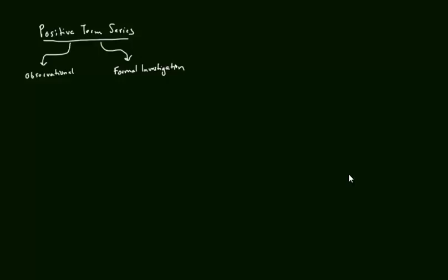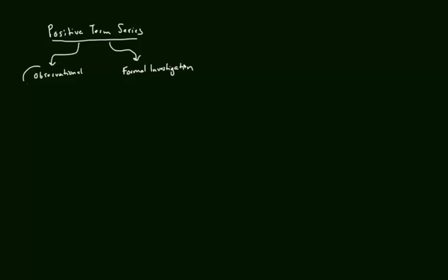In this unit, we are looking at positive term series, infinite series that is, and we are trying to determine whether they converge or diverge. If you've been watching, we just looked at some observational methods for determining whether a series converges or diverges.